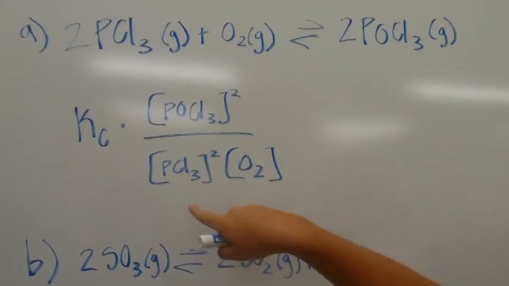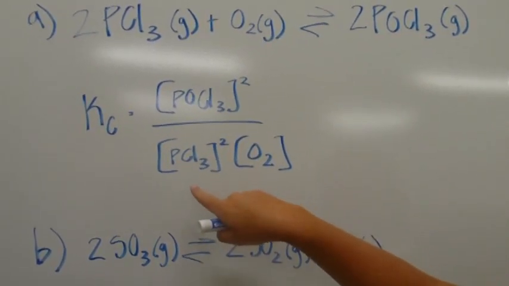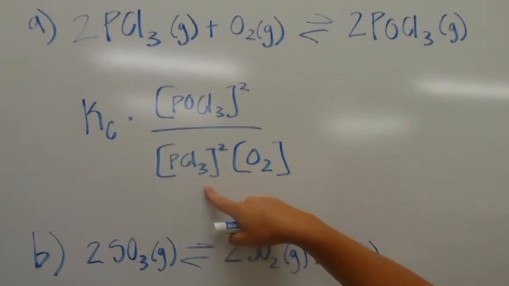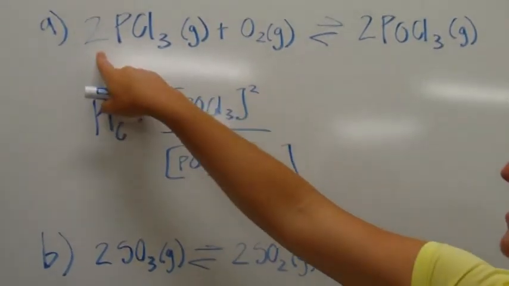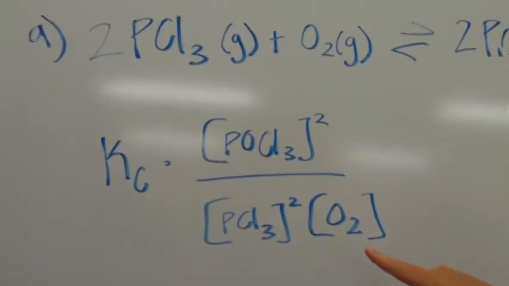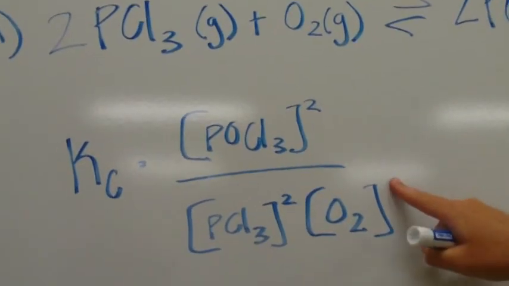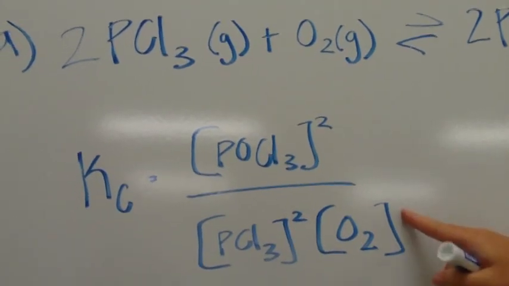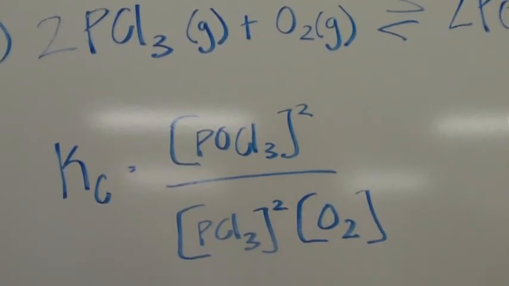And then same thing with the reactants. We've got PCl3 raised to the second power because of the coefficient listed in the reaction. And then oxygen is raised to the 1 power, which is assumed also because of the coefficient.